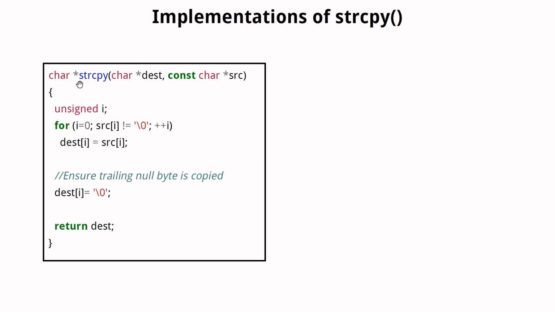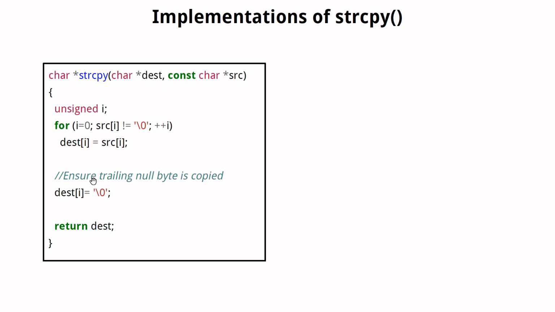So string copy is actually implemented this way. It takes 2 addresses. The second parameter is the source address. It's not going to change that source address, that's why it's a const. Then there's the destination. It returns the destination address. It has an unsigned i here. Then, if the byte we are copying from the source is not \0, which is basically 0 in decimal, hex, whatever, it will keep copying byte by byte.